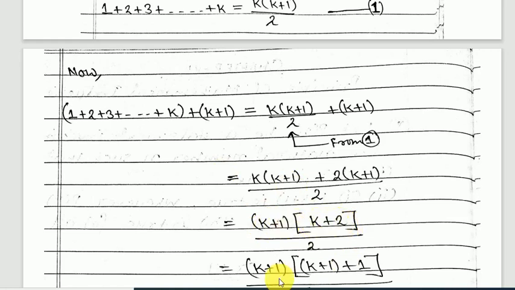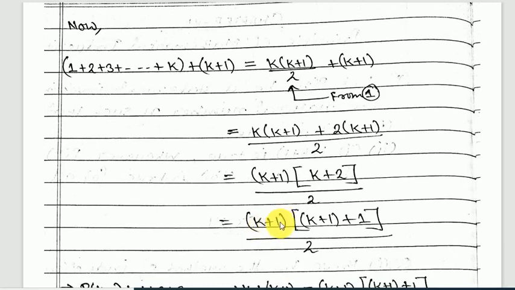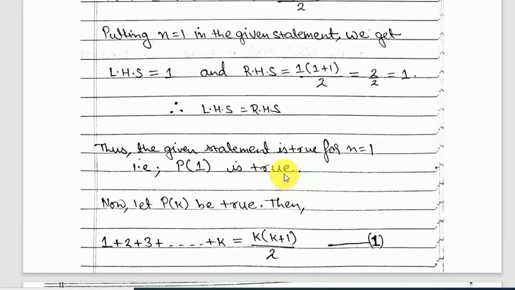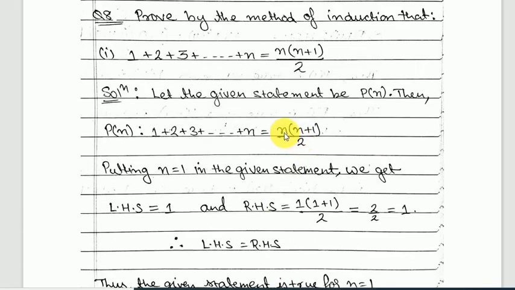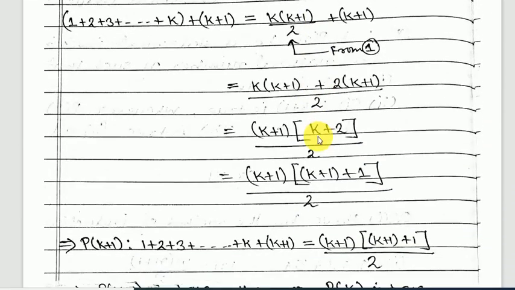It follows the same sequence, but if it is k plus 1 outside, inside I should get k plus 1 plus 1. So I have to write this k plus 2 in that form, k plus 1 upon 2.